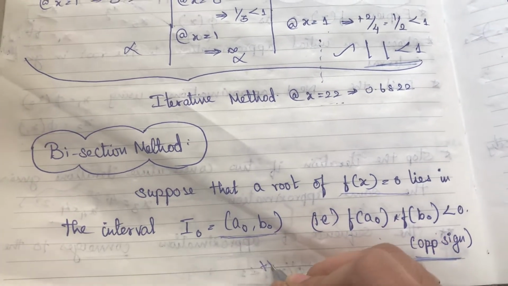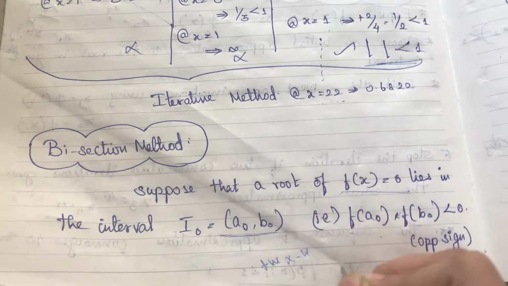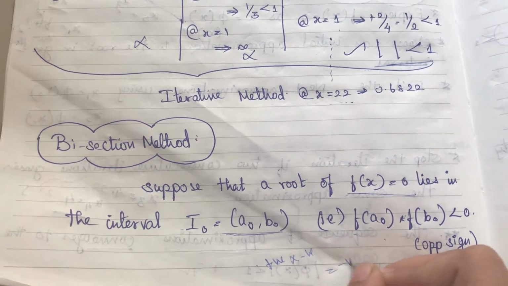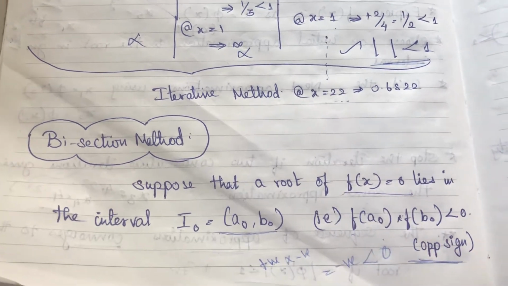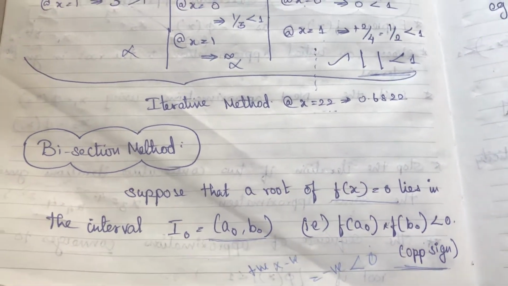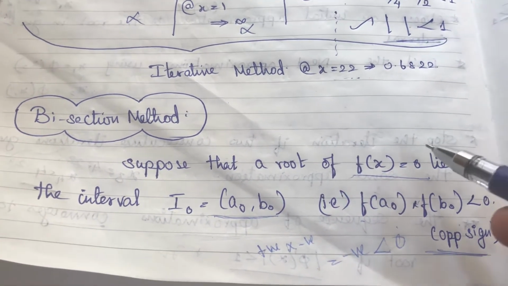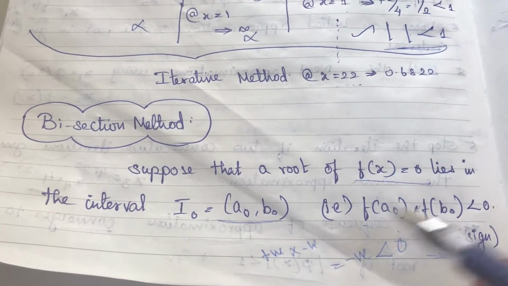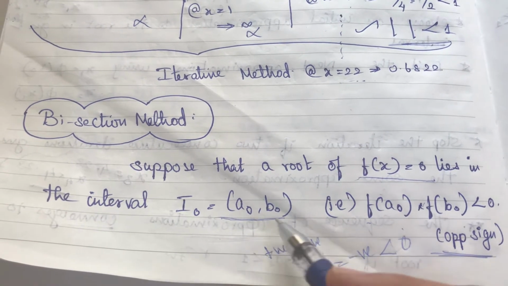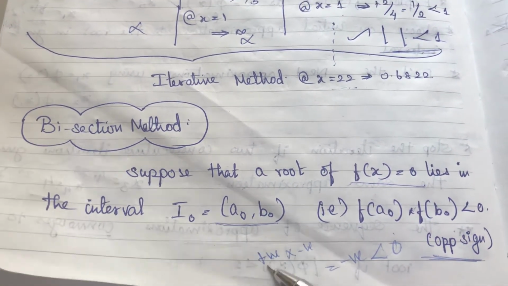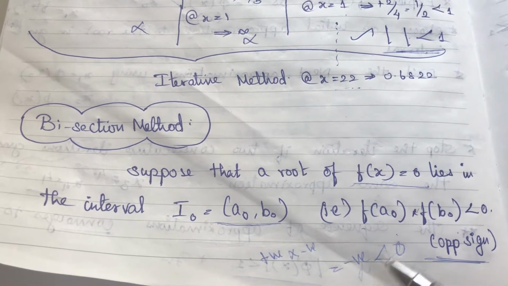One positive into one negative will always give a negative, which is less than 0. So if f of x equals 0, the function values at the ends of the interval should have opposite signs, one positive and one negative, so we will always get less than 0 here.